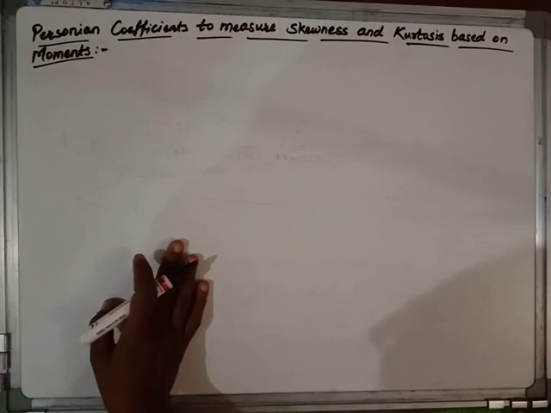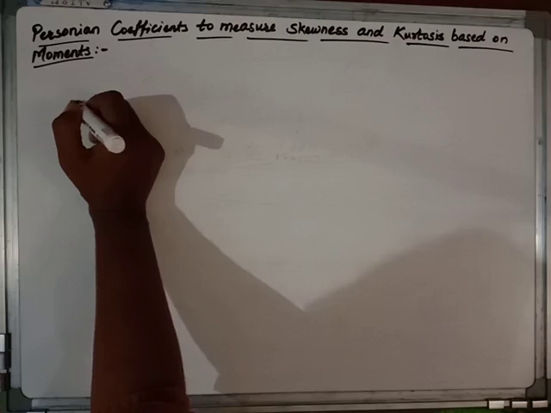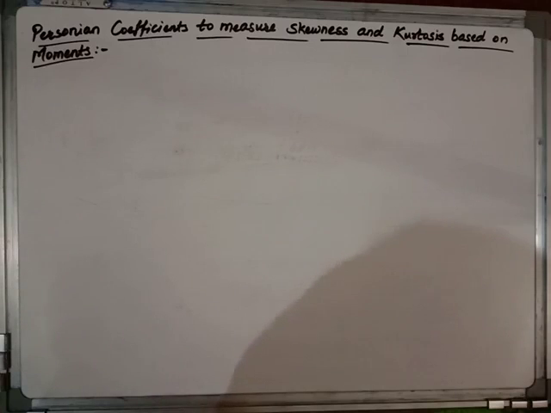These coefficients are denoted by beta 1, beta 2, gamma 1 and gamma 2, and they are relative measures of skewness and kurtosis. If mu r are the central moments, then beta 1, beta 2, gamma 1, gamma 2 are expressed in terms of these central moments.